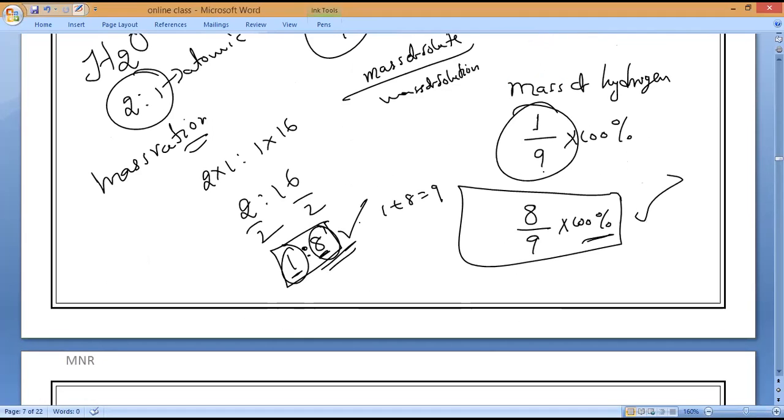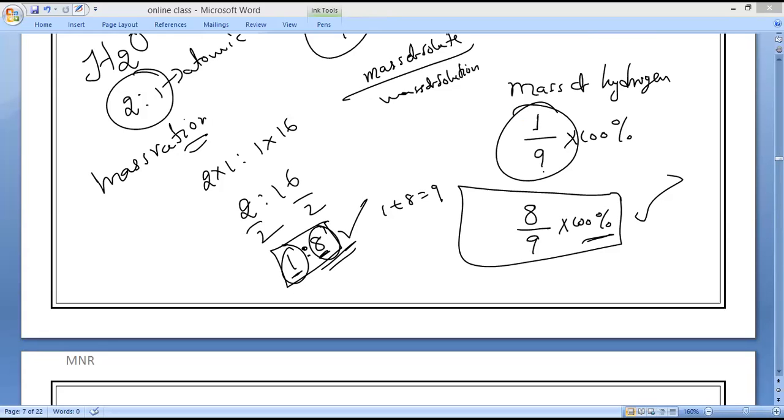So these are the postulates of Dalton's atomic theory and the explanation of the laws of chemical combination by Dalton's atomic theory. Now, if you observe very carefully, Dalton has given many laws and postulates, as we already studied.